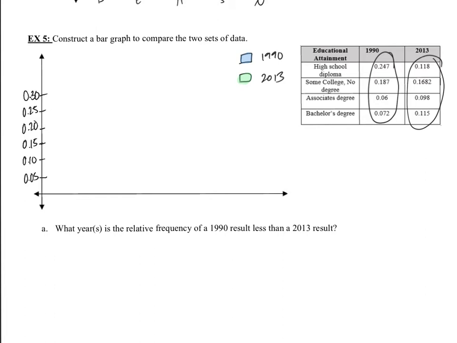Now let's go ahead and graph these. We're going to be comparing high school diploma first. I'm going to shortcut that with HSD, high school diploma. The first one in 1990 was 0.247, which is almost 0.25, so it goes almost up to 25. And then you're going to squish the other one right next to it. 2013 we had 0.118, a little higher than 0.10.